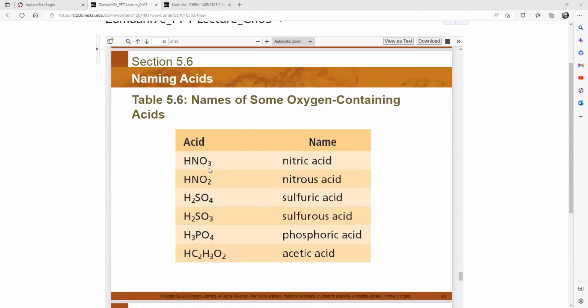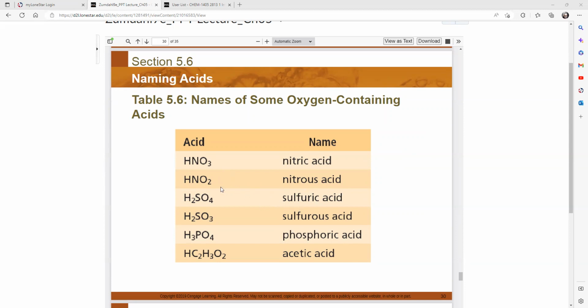In this case, the name of the anion is nitrate, then you change it to ic, then you say nitric acid. But in this case it is nitrite, the ending ite changes to ous, then you say nitrous acid.